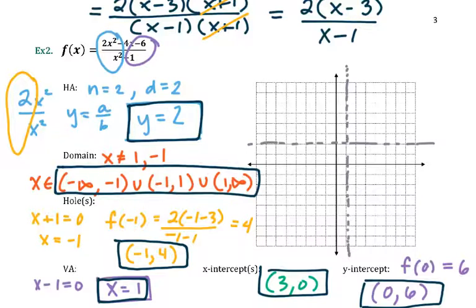The hole can be plotted at -1, 4, so I'll draw that as an open circle on my graph. I have an x-intercept at 3, 0, 1, 2, 3, and a y-intercept at +6. All right, so I have a couple of points on my graph.